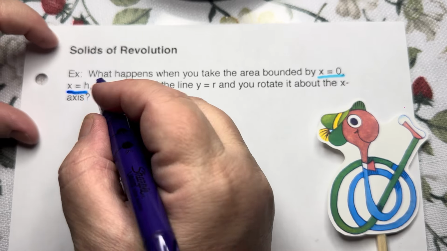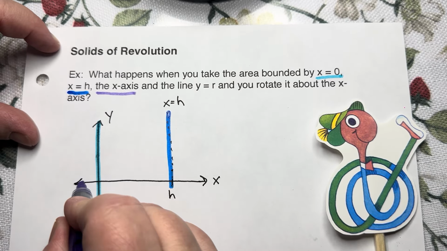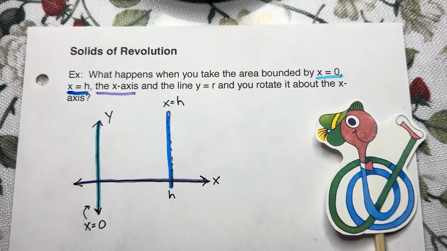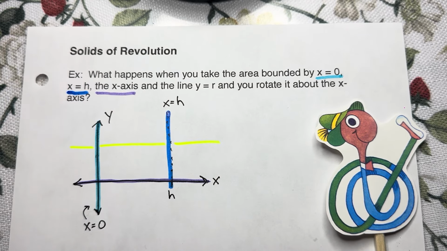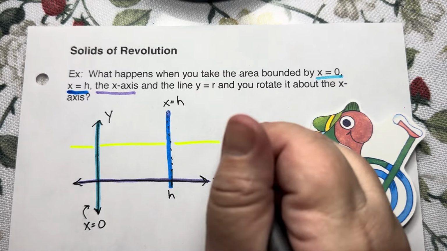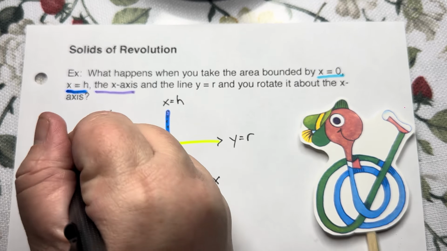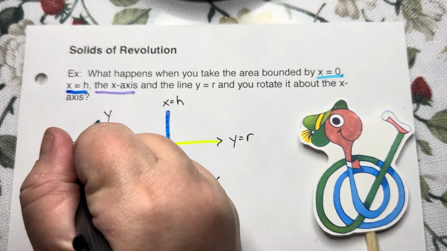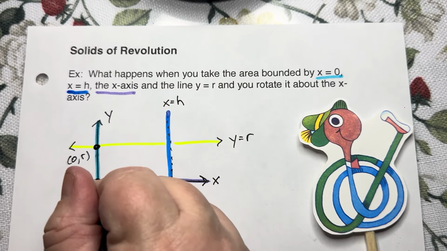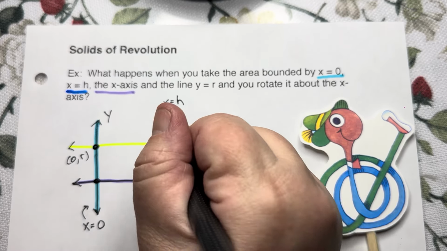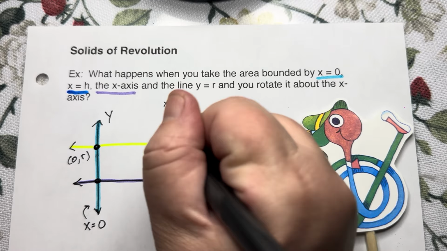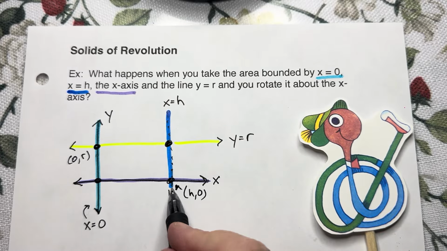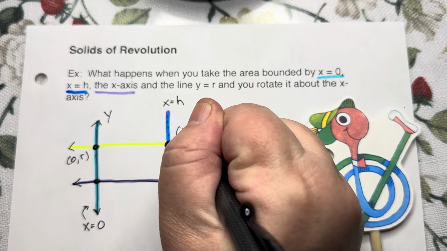The x-axis is right here, and then the line y equals r, which we're not told how big it is, but I'll say it's right there. So for example, this point is the point (0, r). This is the point (0, 0). This is the point (h, 0) right here. And this point is when x equals h and y equals r.